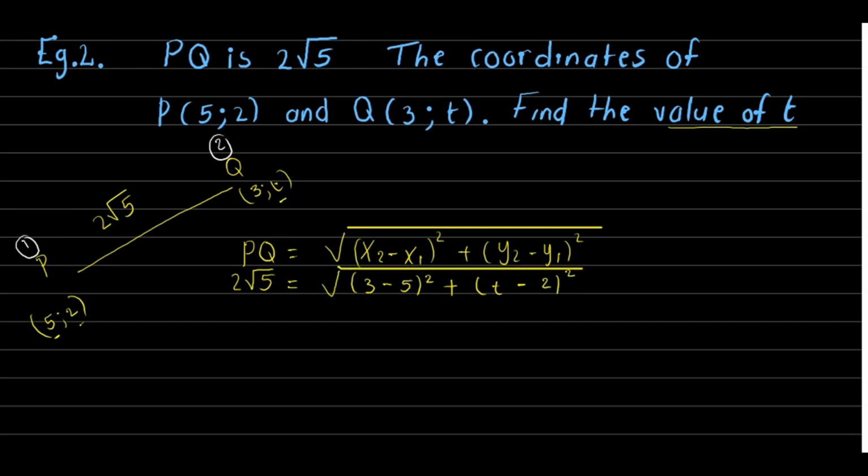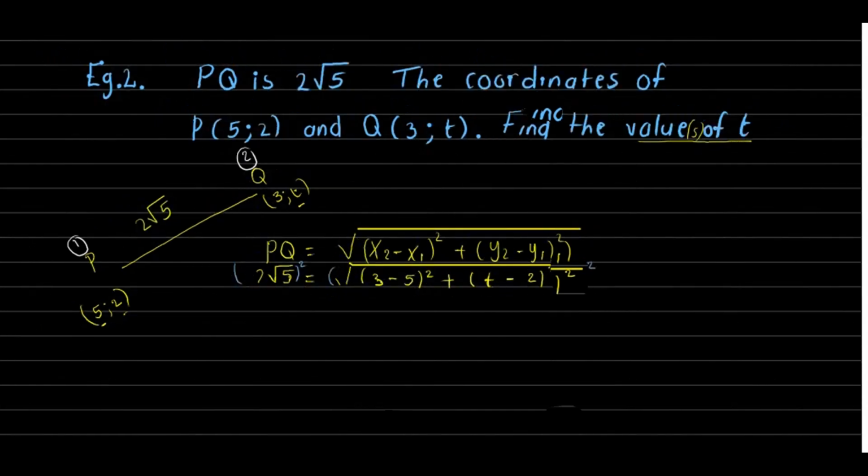Okay, what do we do now? We square both sides, right, to get rid of that square root on that side. So if you square both sides, you are going to be left with 2 square root 5 all squared is equal to 20.